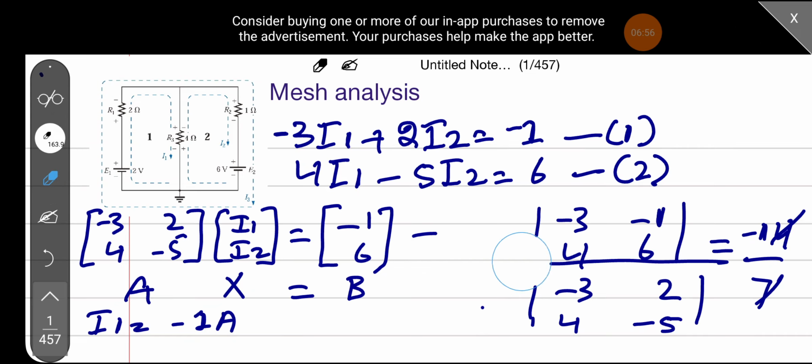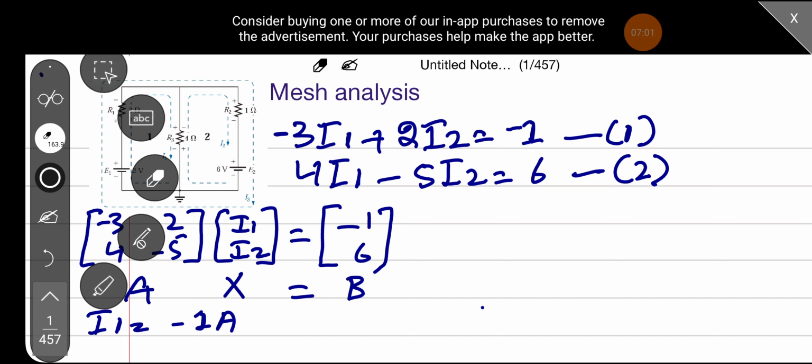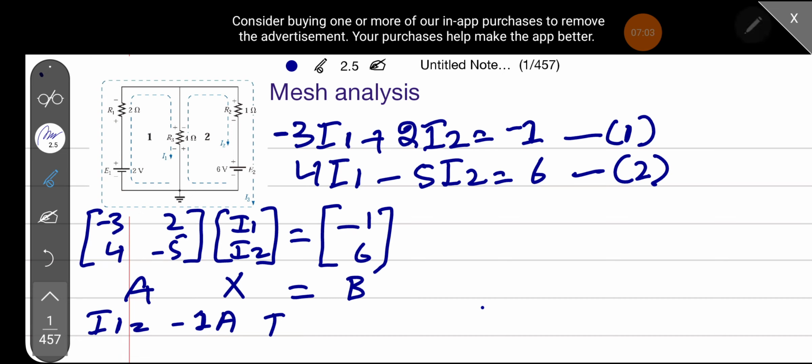So we found that I2 is equal to -2 ampere.